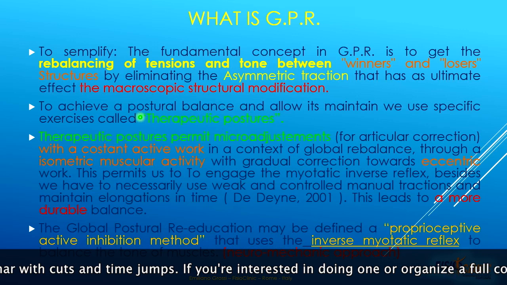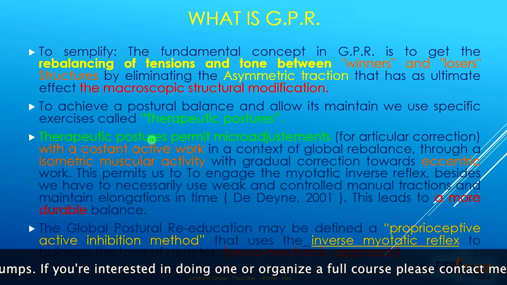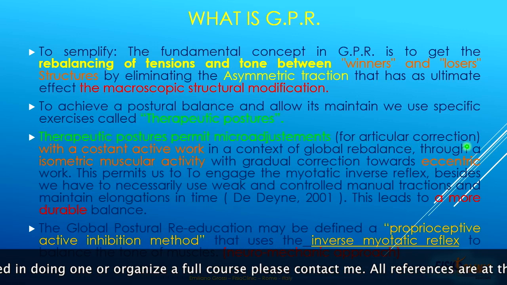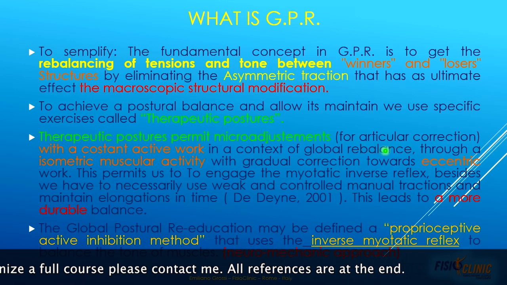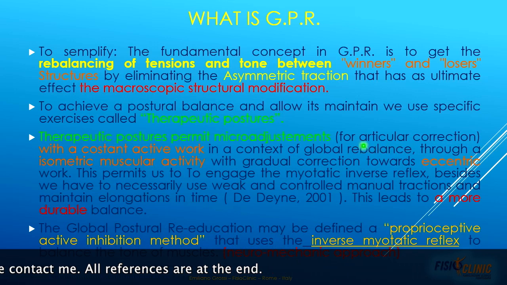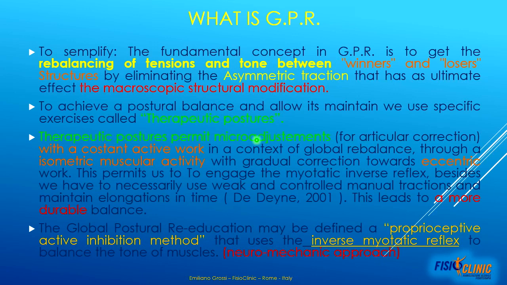And therapeutic posture permits us micro adjustments because, as I told you, we must work the joint alteration, so the microscopic alteration, together and simultaneously, if possible, with postural alteration. So therapeutic posture permits us to do that with a constant active work that we'll see later, and this leads us to a more durable balance.